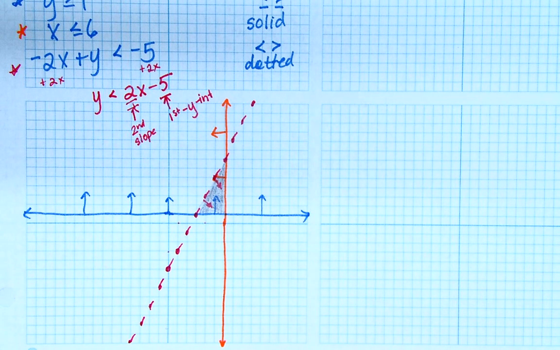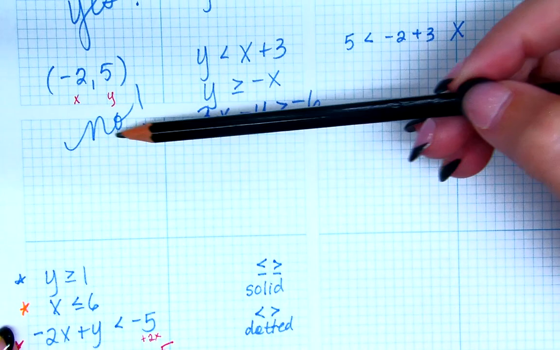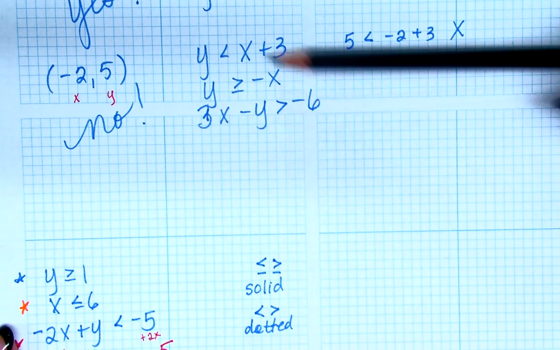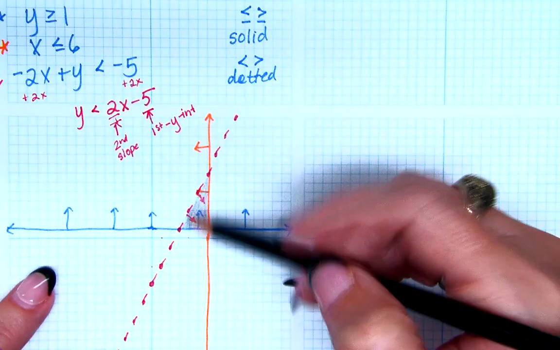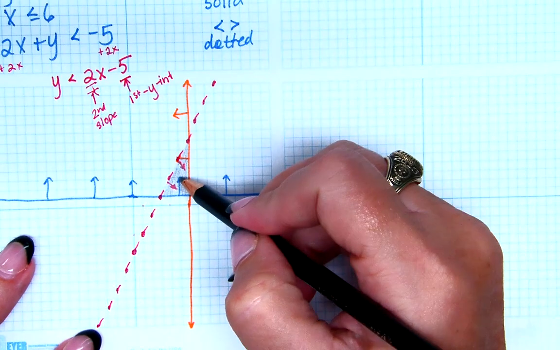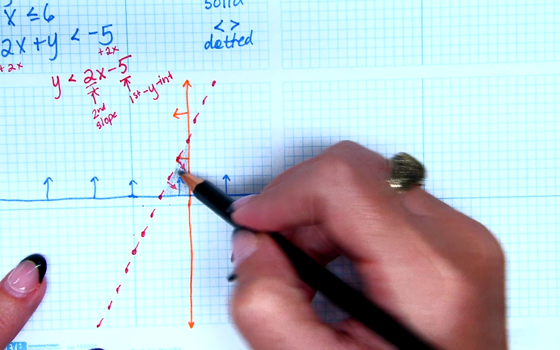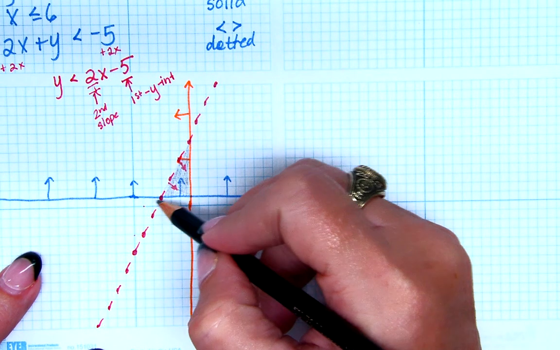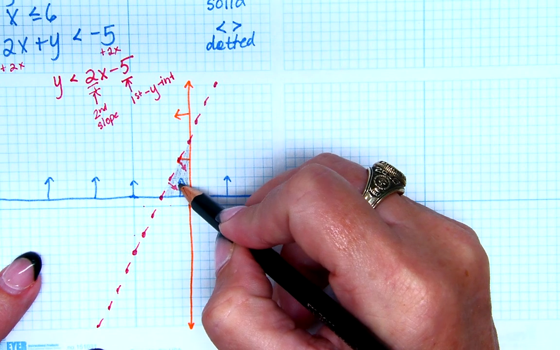Any questions about this? So when I was asking you questions like this earlier, is this point a solution to this system? If this was a particular graph, I would be saying, is this point inside this shaded area? Does that make sense now? Is the point (5, 2) in the shaded area?